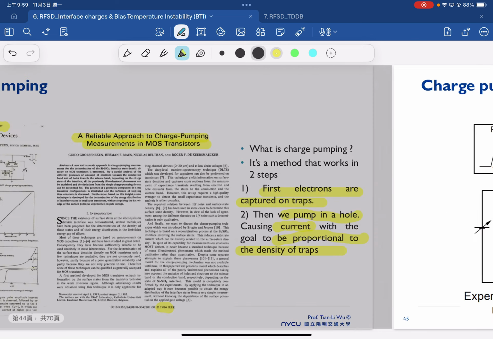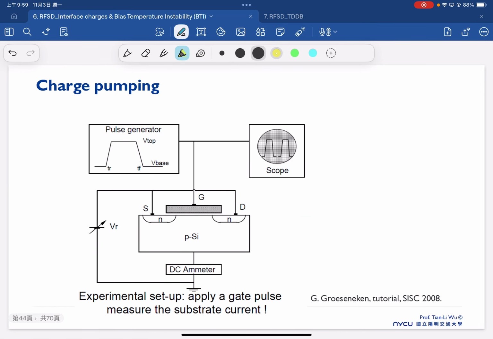So here is a typical measurement setup. We apply the gate bias and we measure the substrate current. How do we measure substrate current? We just use a current meter on the substrate. Once the holes recombine with the electrons, we measure this induced current.